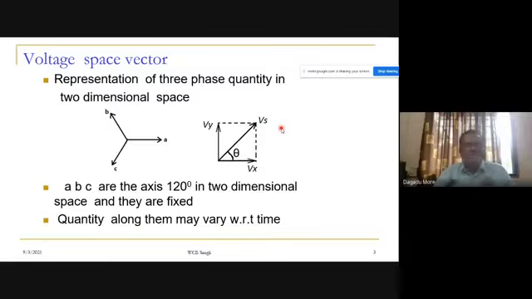So a space vector is nothing but the representation of these three-phase quantities in one vector, and this vector may be stationary or rotating, and its amplitude may be constant or changing.